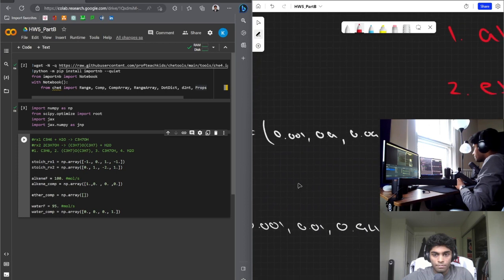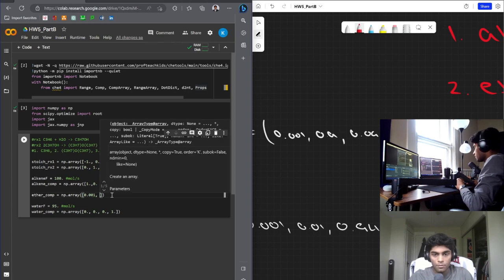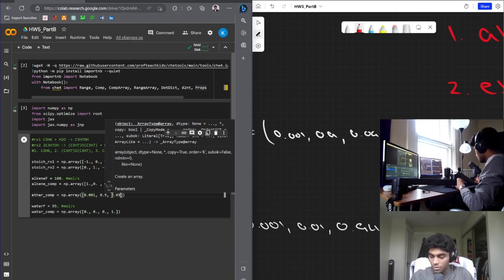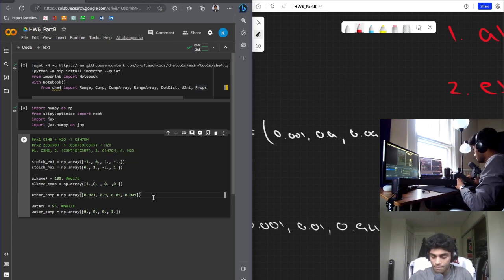So we have 0.001 for our propylene composition, 0.9 for our ether composition, 0.09 for our alcohol composition, and 0.009 for our water composition.